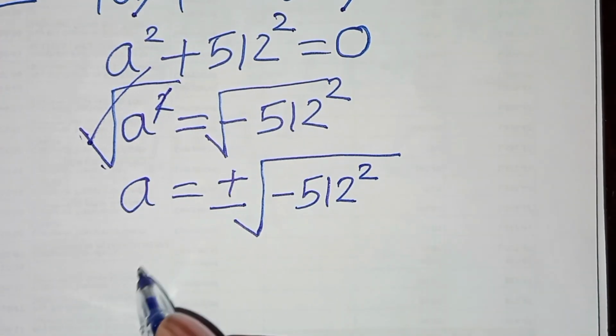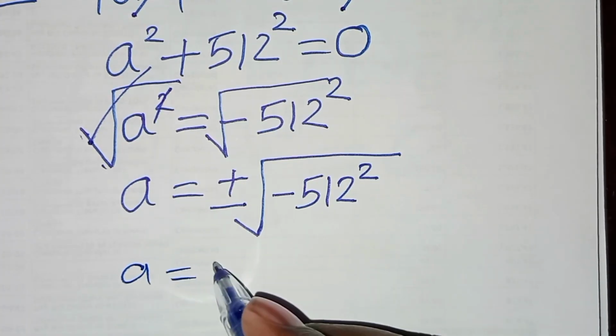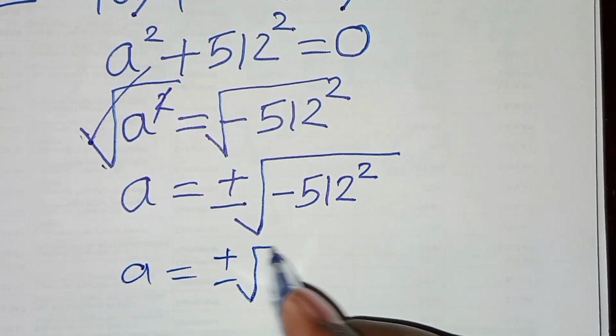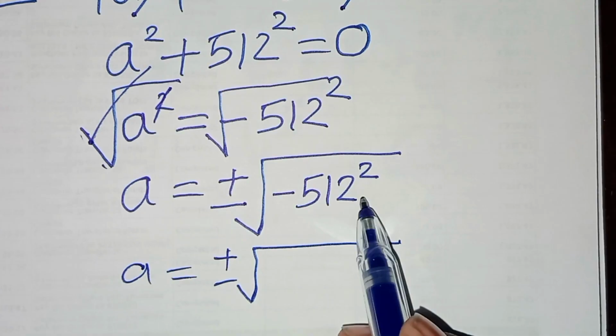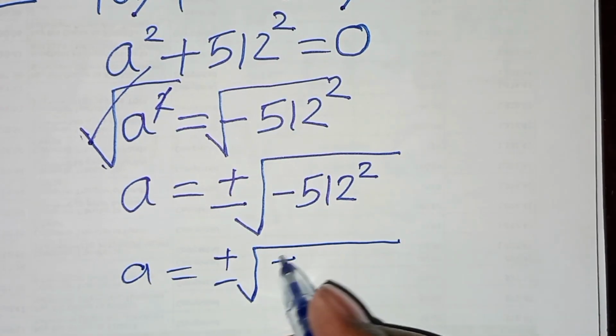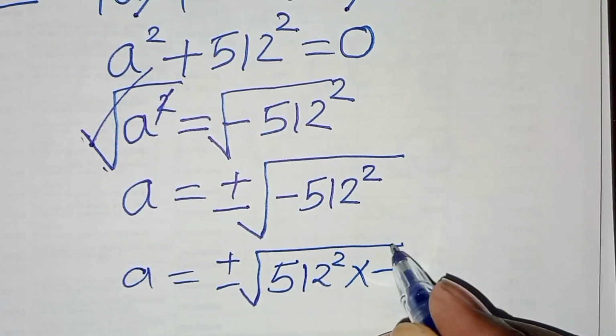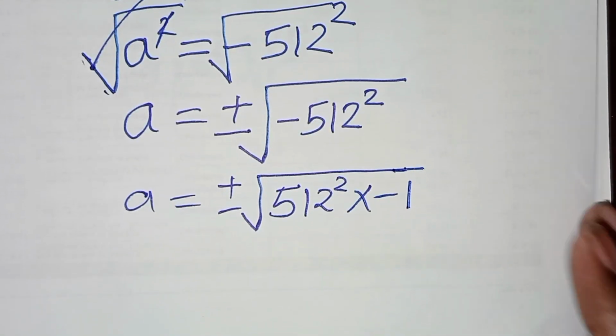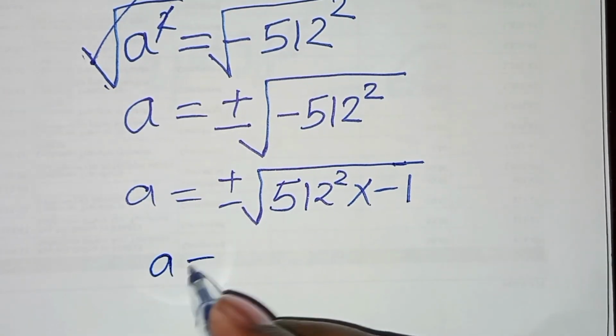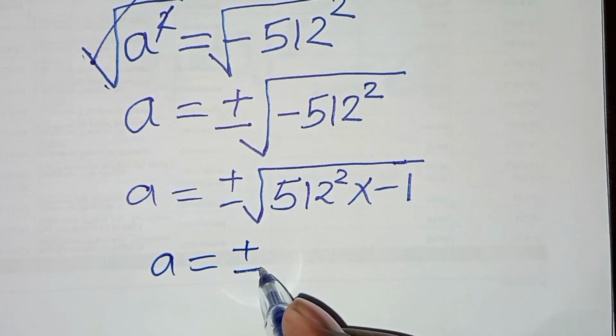Now this implies that a is equal to plus or minus, we can express negative 512 squared as 512 squared times negative 1. And therefore, we'll have a is equal to plus or minus.